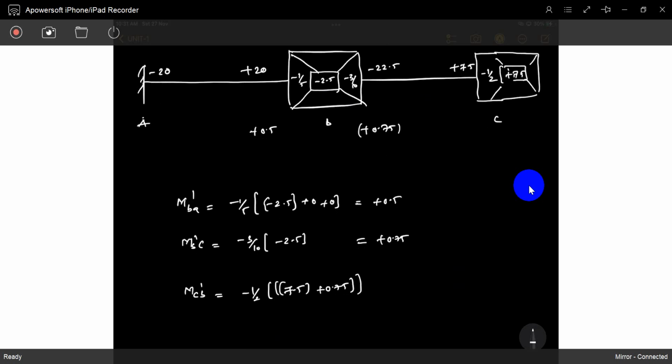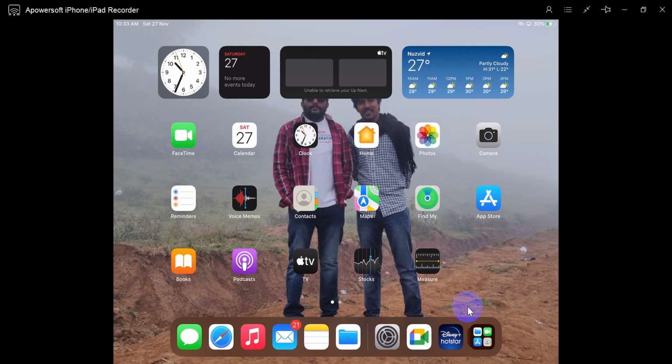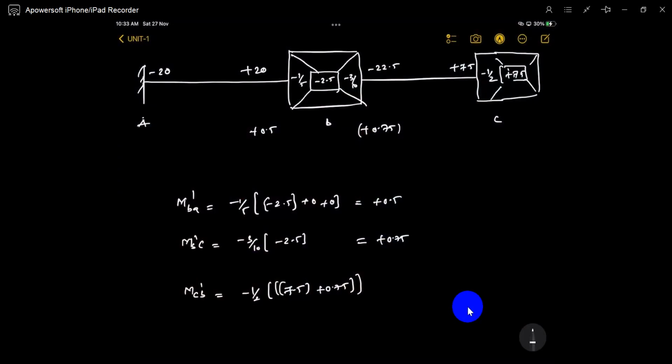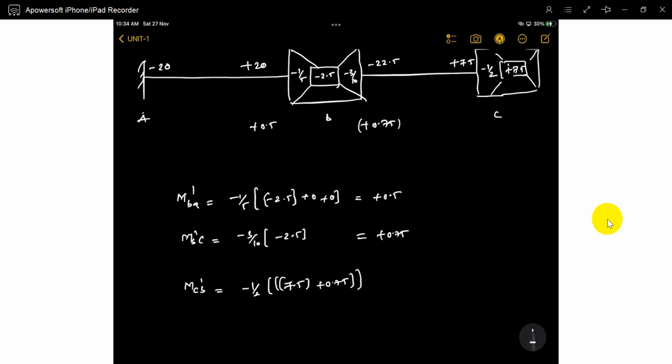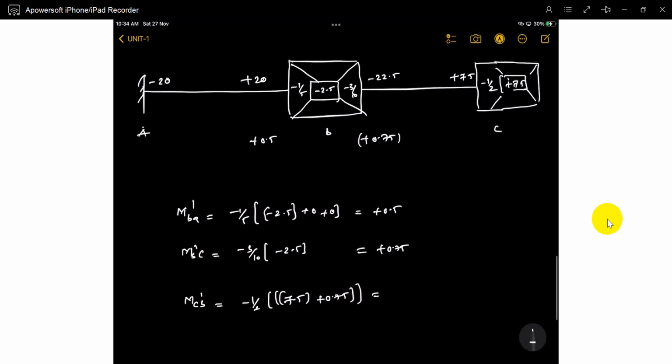Okay, 4.125. See, 7.5 plus 0.75, answer divided by 2.